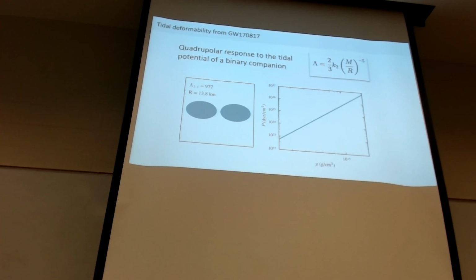And so the expectation is that this parameter lambda tilde is going to measure some mass-weighted averaging of the stellar compactness, how much mass you have in a given radius, that has some additional dependence on the equation of state through that K2 factor.